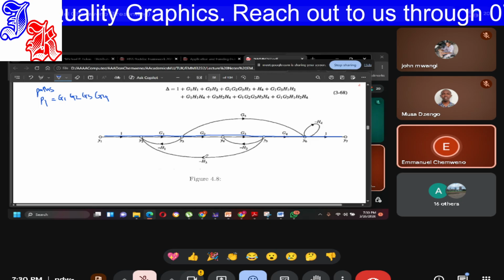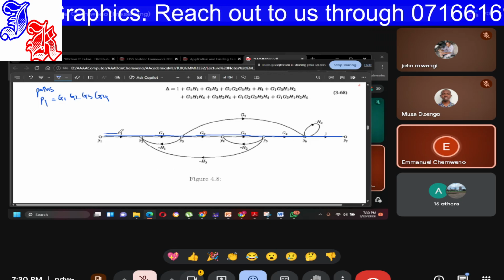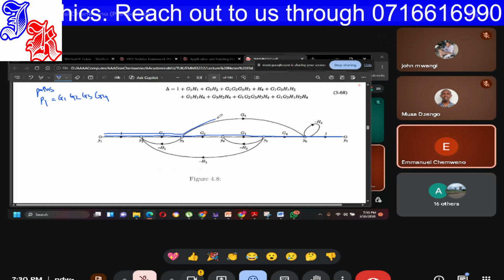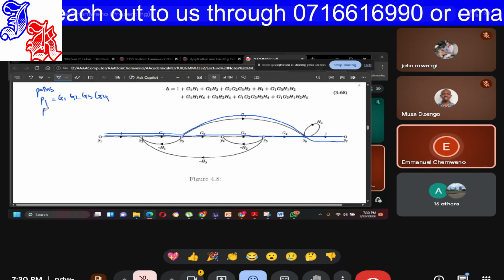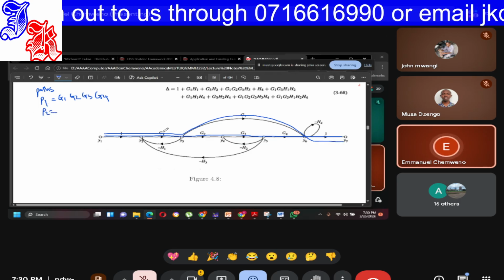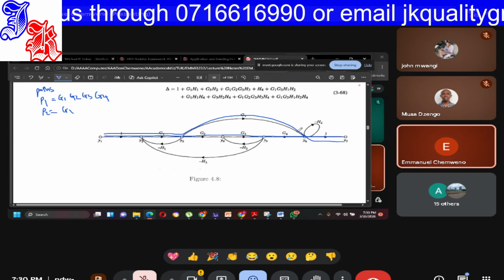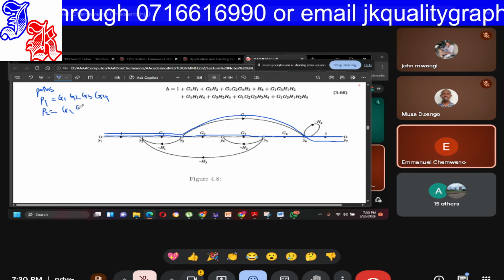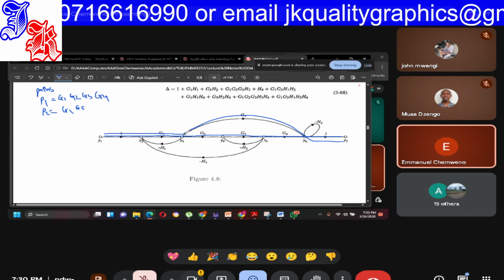This feedback, this feedback, this feedback, this feedback. So the other path is this. Path 2 is equal to G1, G3, G1, G5.